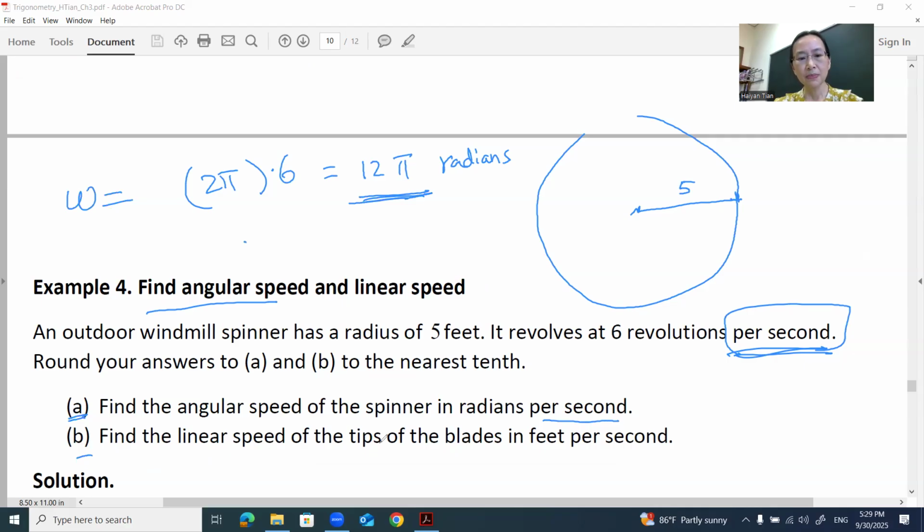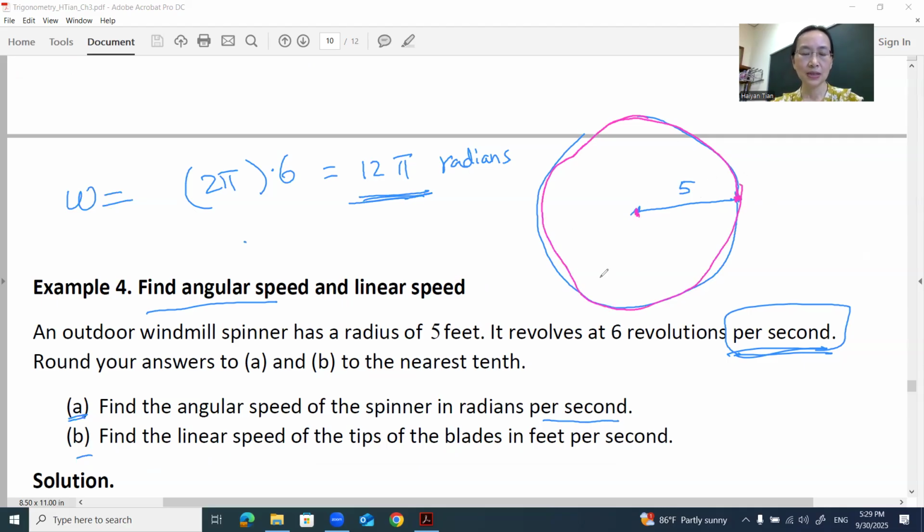And what's the linear speed of the tips of the blades? If we know the angular speed omega, then the tip revolves at 6 revolutions around the center per second.